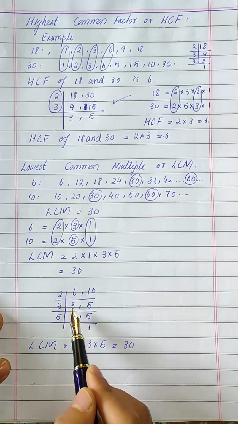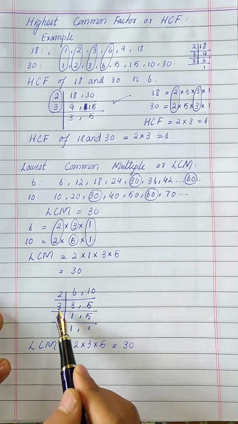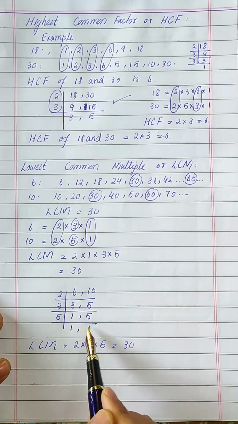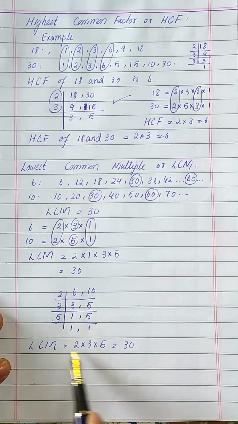But in LCM, when we can't divide two values by the same common factor, we just proceed with the factor of one of the values. So 3 times 1 is 3, and 5 will remain the same. And in the next step, we are going to divide 5 by 5. So 5 ones are 5, and we will be left with 1 and 1. And then we have to multiply these three values to get the LCM of 6 and 10.